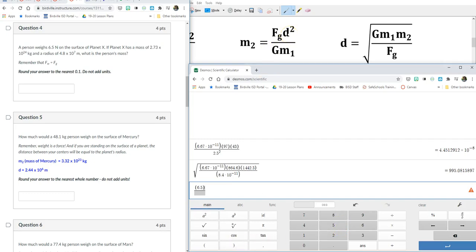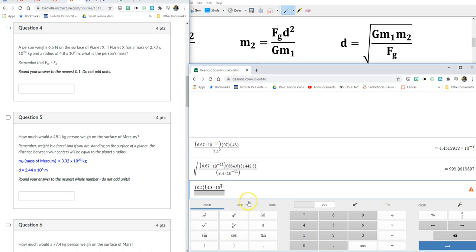My distance squared, so open parentheses, my distance, 4.8 times 10 to the 7th, so 4.8 times 10, do this little A to the B, and plug in 7. I'm going to close that parentheses and then do A squared so that it's squaring that distance calculation there.